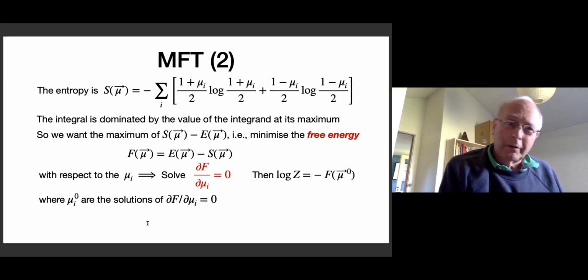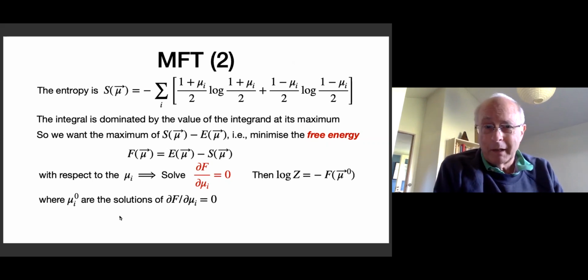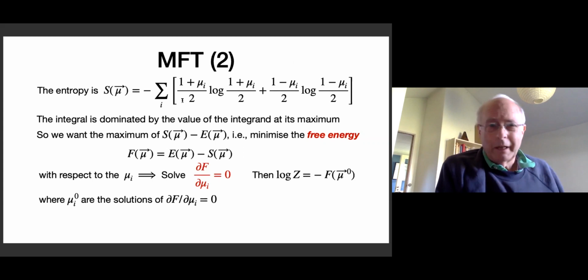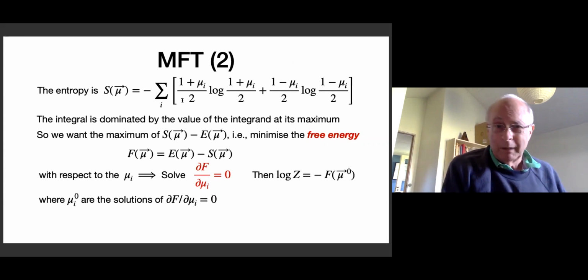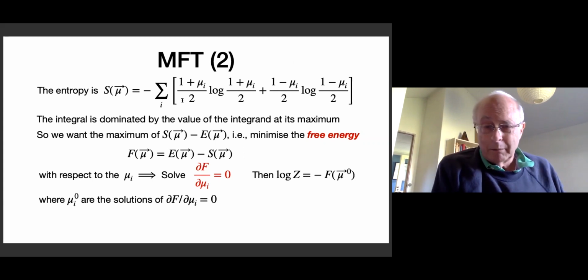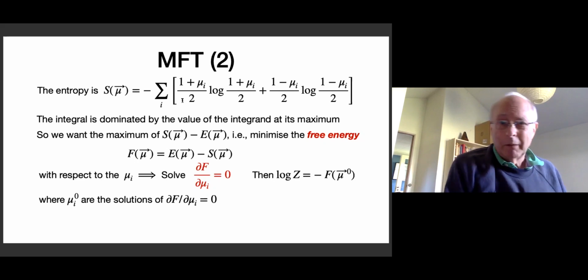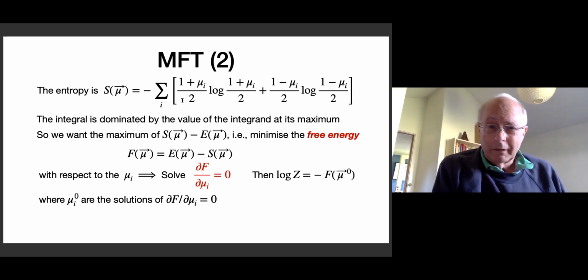Because first of all, they're independent, so you can get it by summing over the individual units separately. And for each one, you get minus p log p, summed over the 2 possibilities, right? So it's (1 plus mu)/2 log (1 plus mu)/2, plus the same thing with the minus sign. Okay, that's the first thing you'll ever learn in information theory. Okay, so we've got to do that big integral.